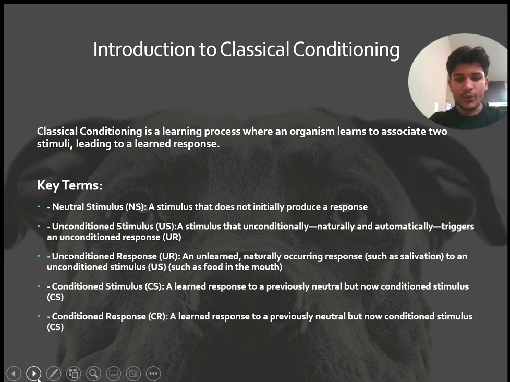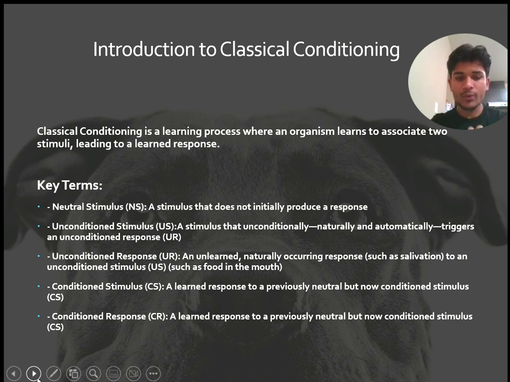So we covered the neutral stimulus, which doesn't give a response, and the unconditional stimulus, which naturally gives the response, and the response given by it is called the unconditional response.